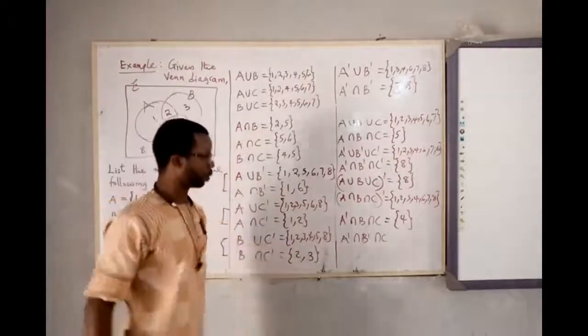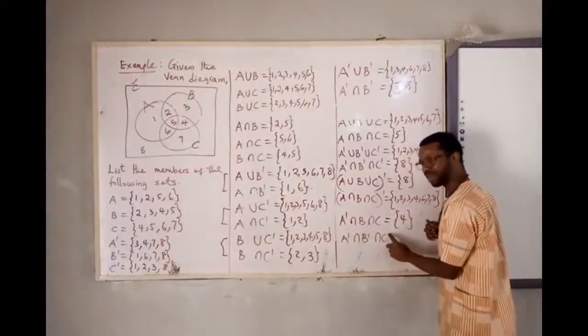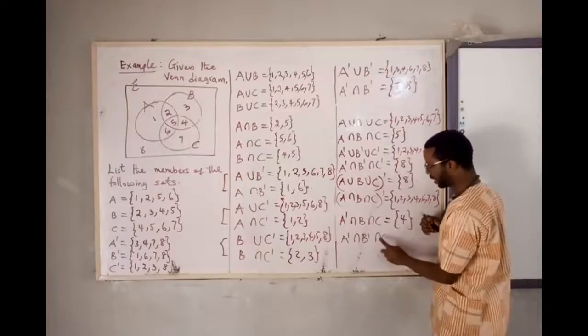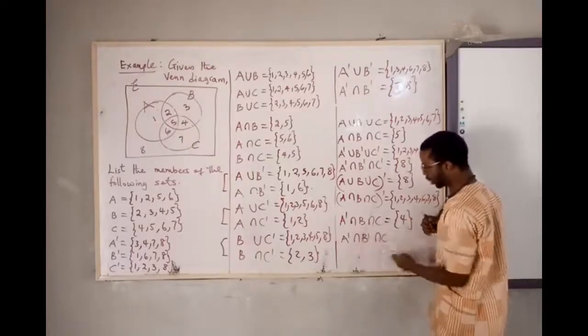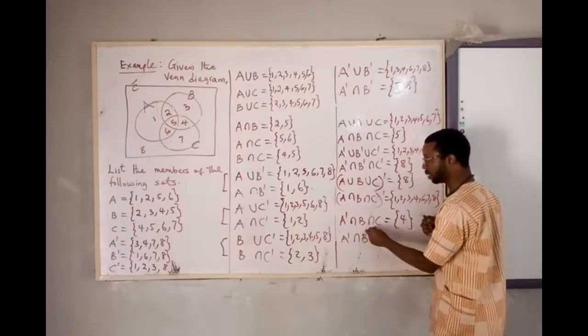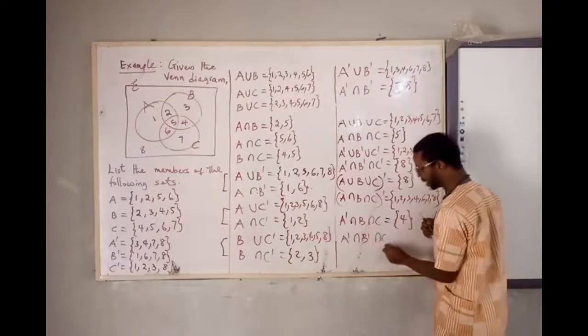Let's come to the next one. You will see that in this next one, we have C that does not have any prime or complement. So I have only C here, and this is intersection. So this one simply means C only. This means B and C only. Hope we are getting this. So this means C only.